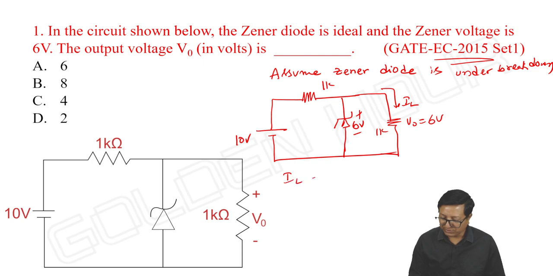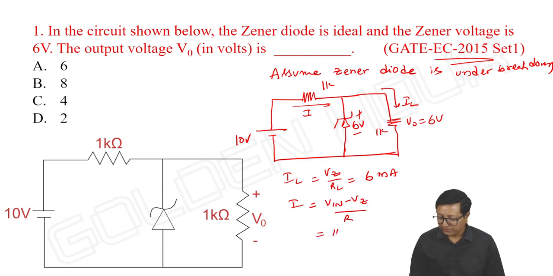So what about IL, friends? Vz by RL, it is 6 milliampere. And what about I? I is equal to (V in minus Vz) by R, 10 minus 6 by 1K, 4 milliampere.